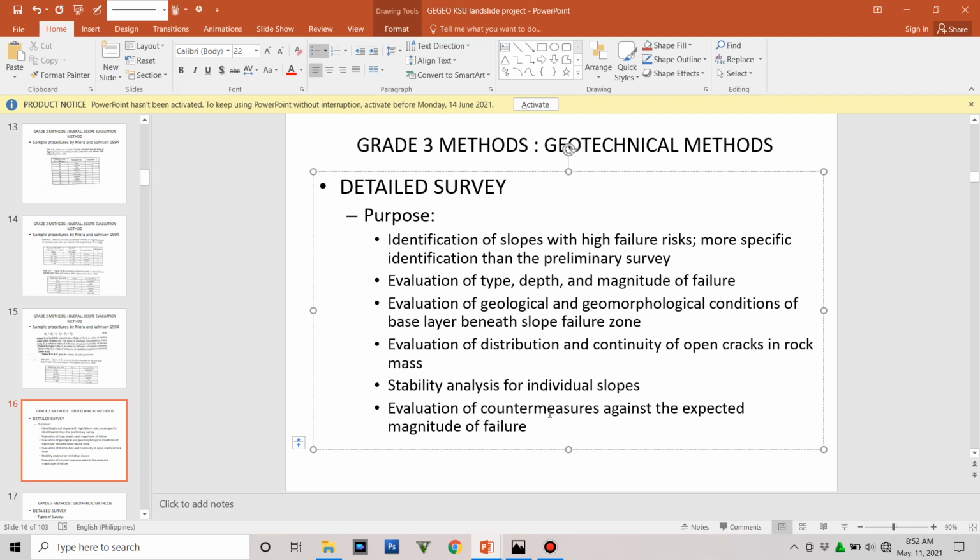So this will be more on the engineering intervention based on the slope stability analysis. Of course, when we design a slope protection or slope mitigation measures, we need to understand the soil structure interaction, or the interface between the soil and whatever structure we intend to put up to counter the failure of the slope.